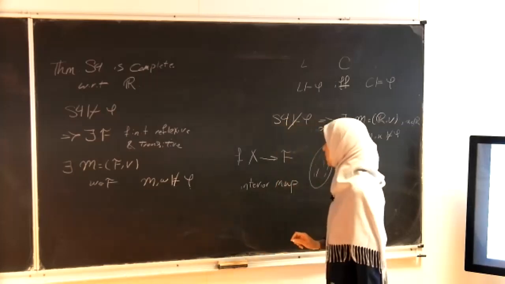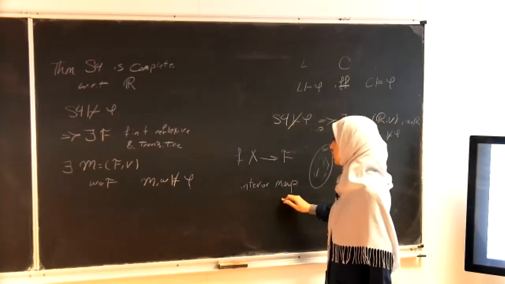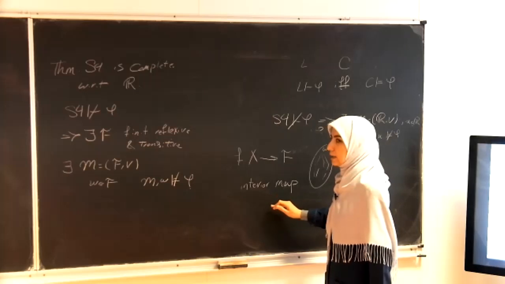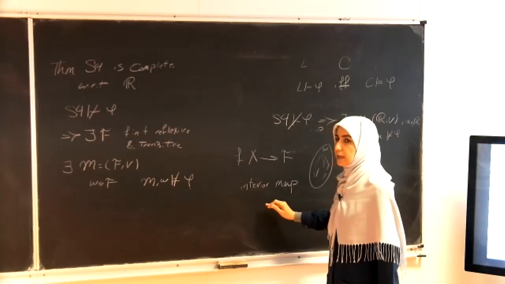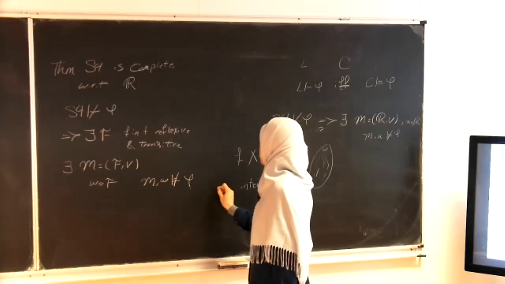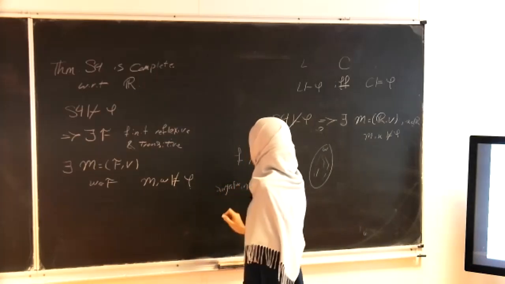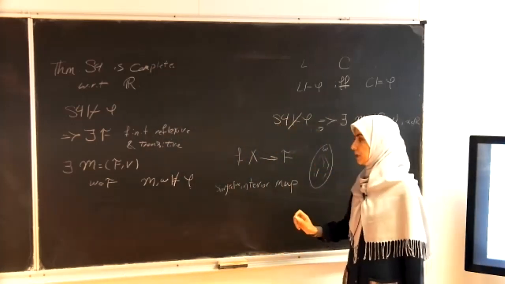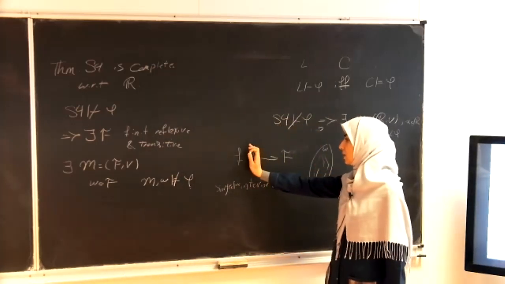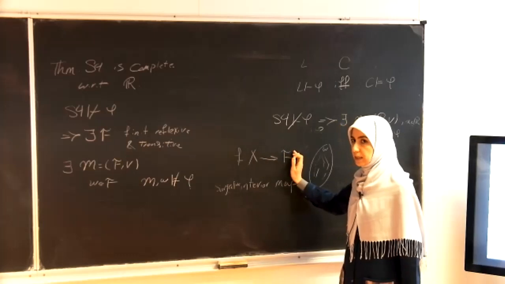If you remember, an interior map is a function which is open and continuous, and if we have a surjective interior map, then the validity is preserved. Which means that if some formula is valid here, then it's valid here.